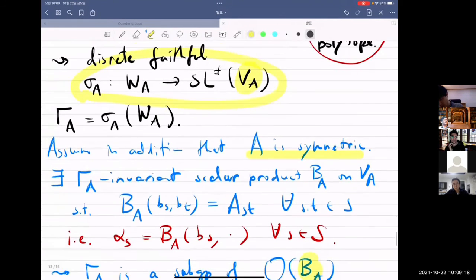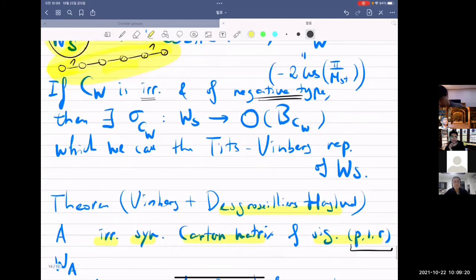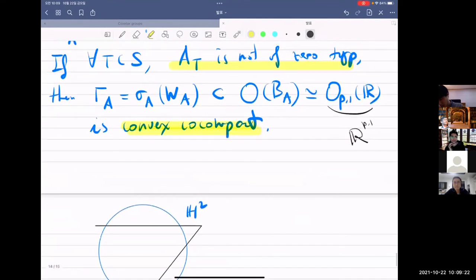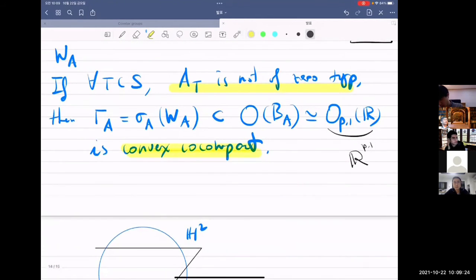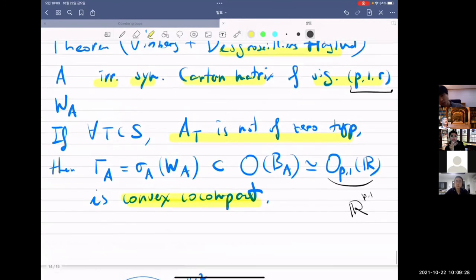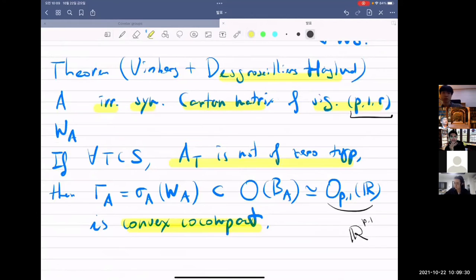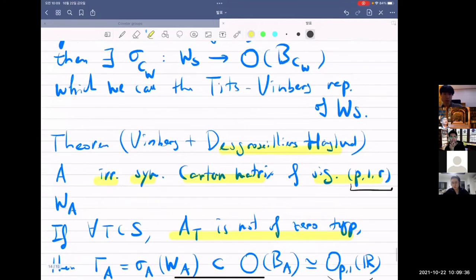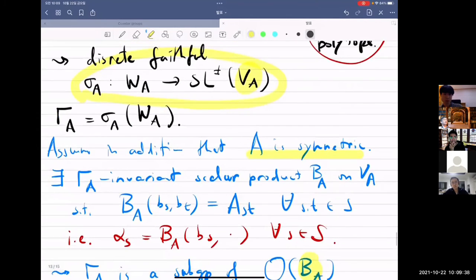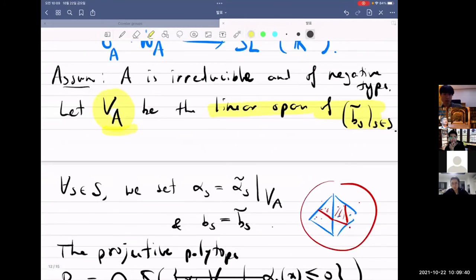Does it make sense? So the V_A always exists if you have a Cartan matrix of this type. I mean by definition, V_A is the linear span of the B_S tilde. So that always exists. No problem.